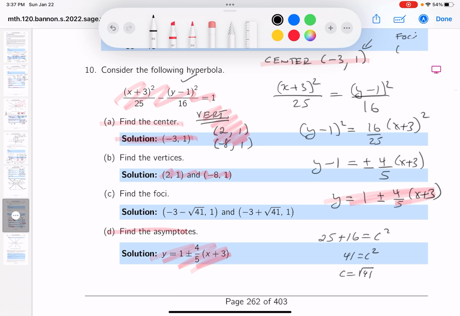So it's going to be root 41 -3, comma 1. I'm going in from the center, by the way. And minus root 41 -3, comma 1.